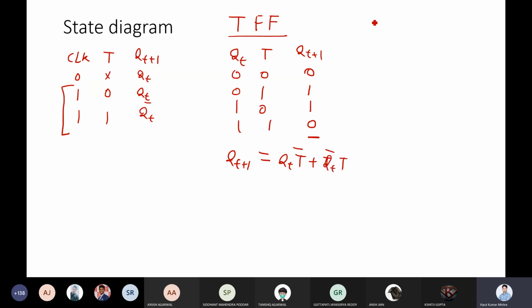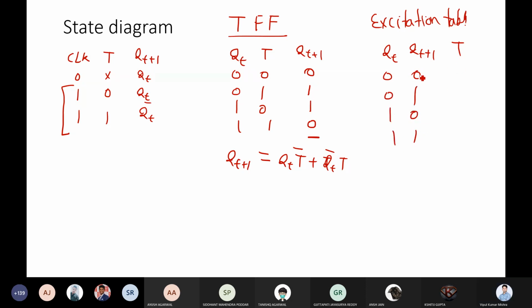Now let's make the excitation table. Here we have Qt, Qt plus 1, and here we have T: 0 0, 0 1, 1 0, 1 1. So in case of 0 0, we have only one state.